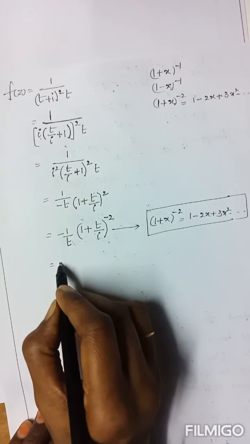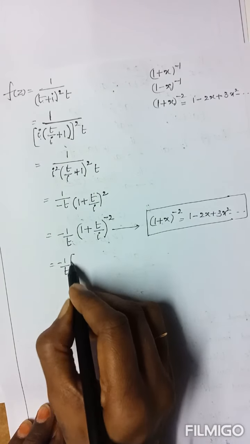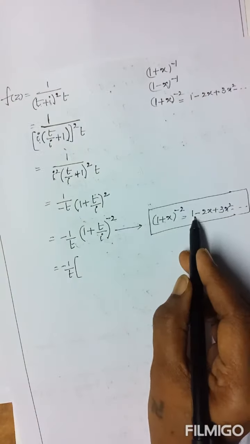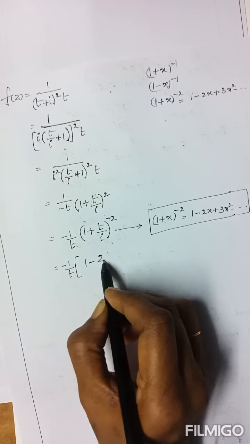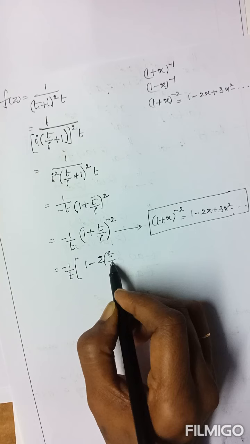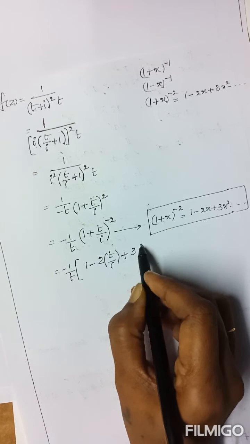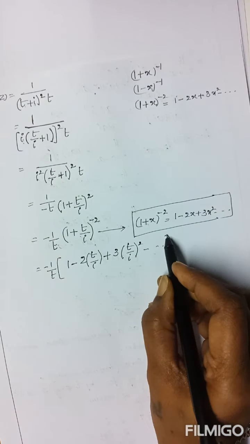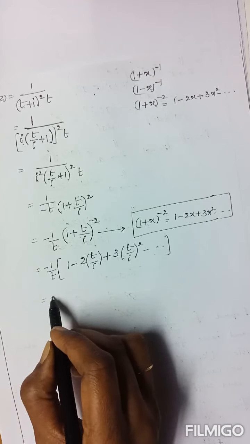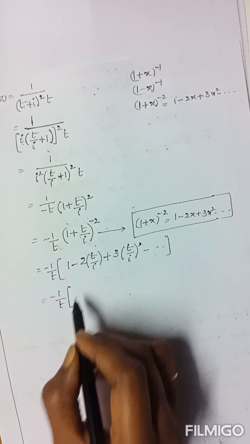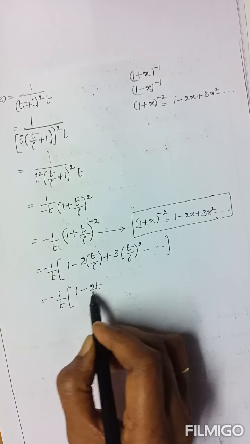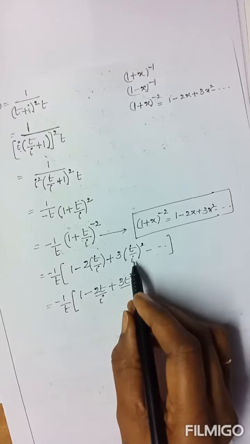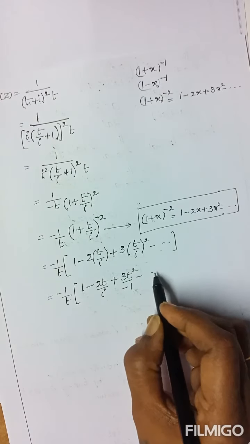So as per this, minus 1 by t as it is, (1 plus x) whole power minus 2 where x is t by i. As per this, 1 minus 2x, x is t by i, plus 3 into (t by i) whole square minus and so on. After that minus 1 by t, (1 minus 2t by i plus 3t square by i square, i square is minus 1) minus and so on.